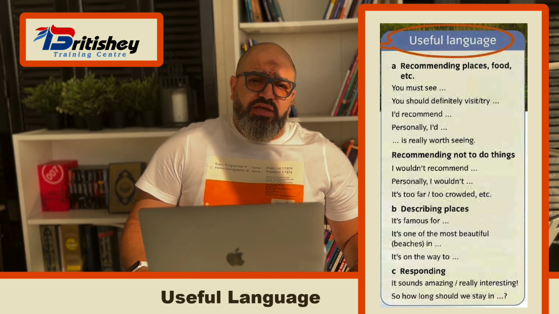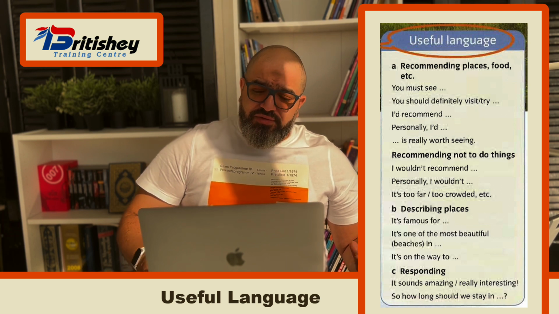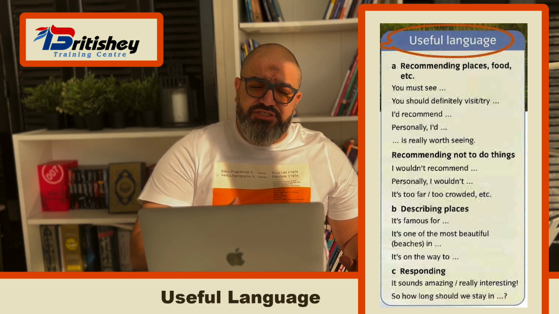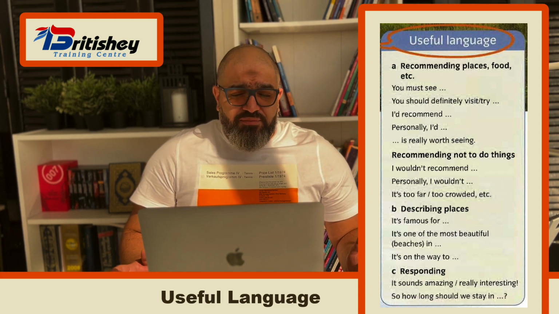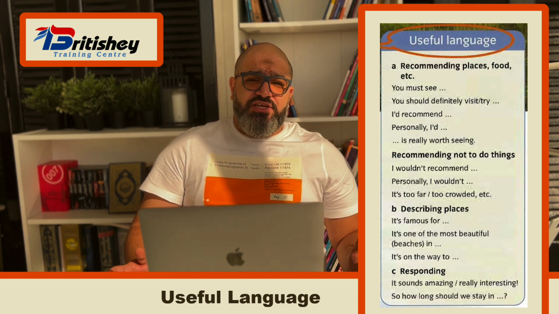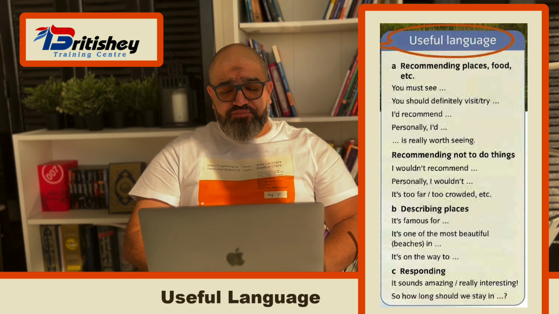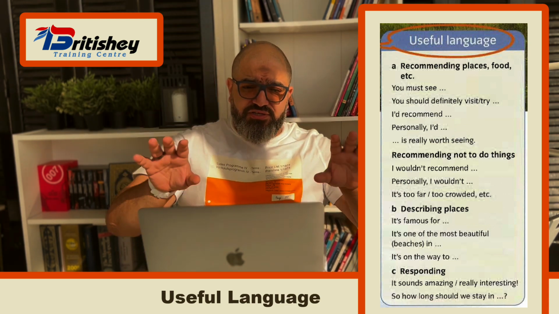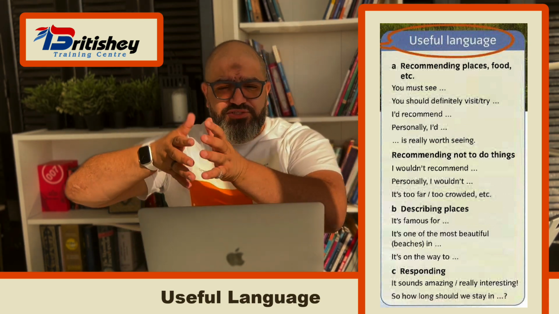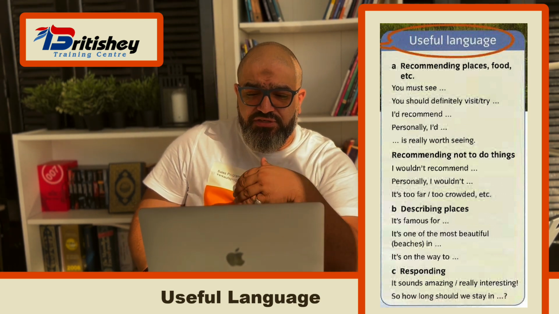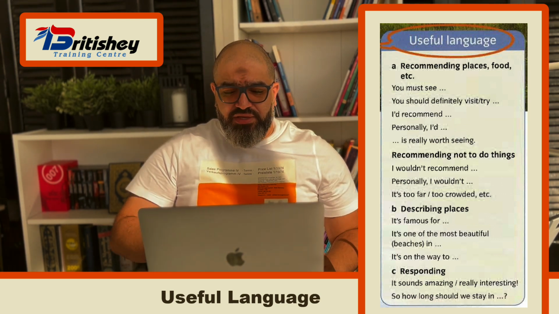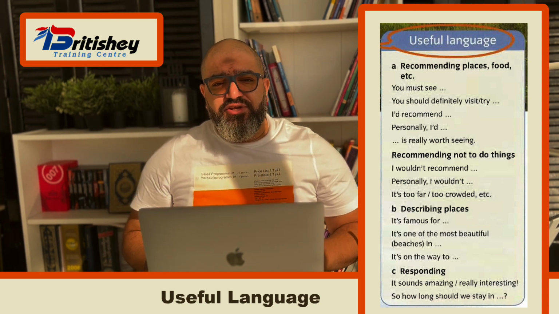Now, it is very important that you make sure that you cover this for your students before they move to the speaking task. Well, one way of doing this is to design a chart where you have columns. In one column you write recommending places, food, and so on. In another column, recommending not to do things.